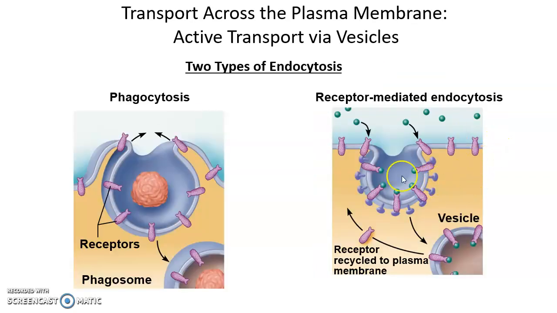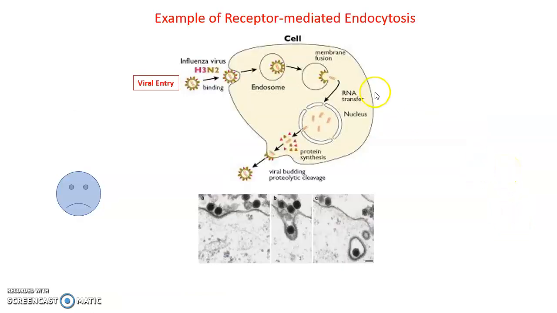The other form of endocytosis is receptor-mediated endocytosis. Here, molecules bind to protein receptors, so proteins in the plasma membrane. When the molecules bind to the receptors and enough of the receptors are filled, then the receptors will cause a signal for the vesicle to form, bringing that very precious material into the cell. So receptor-mediated endocytosis. Unfortunately for us, viruses can sometimes take advantage of receptor-mediated endocytosis.